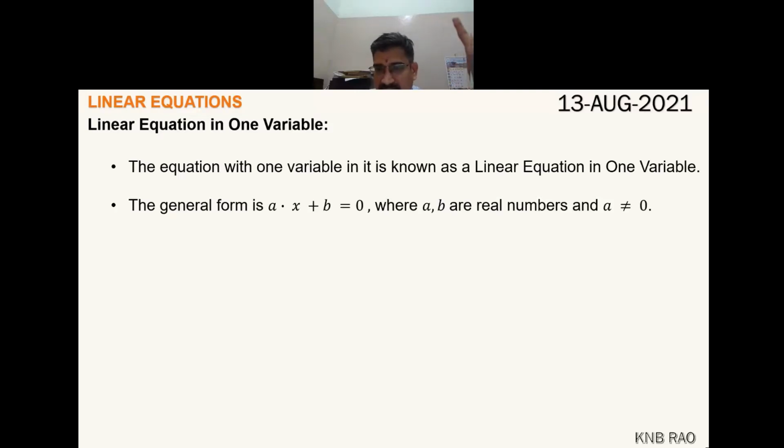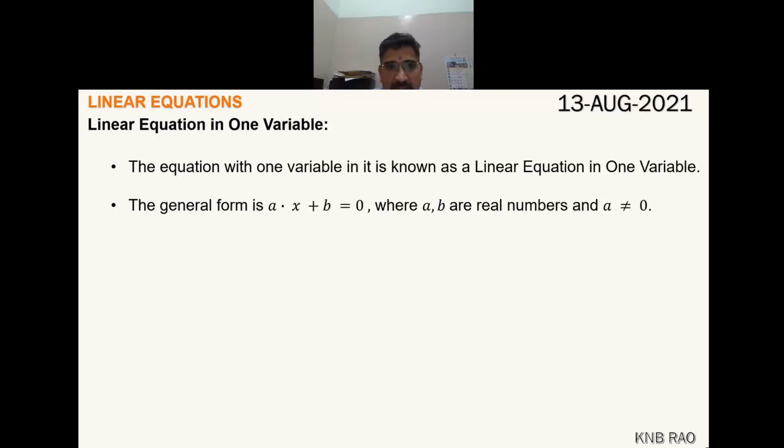The school captain is a general representation of all the cadets. He is the cadet to whom we convey, and he passes on the information to the rest through his channel. Like that, all the linear equations in one variable can be seen through this one general form. Is it clear?